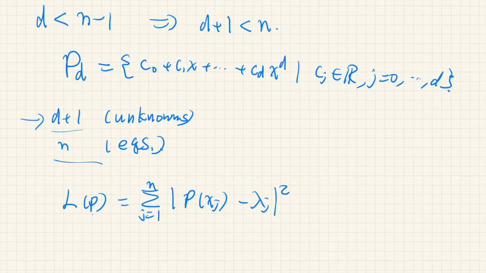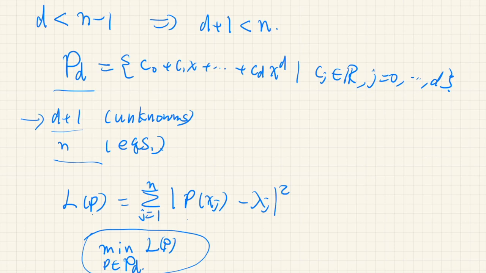So we minimize this error function with respect to p. So let's say the minimum of L(p), where p is an element of this set P_d. So we want to do this minimization problem.